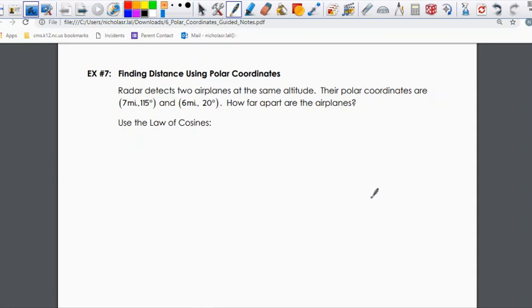So, step 1, we want the resultant vector.